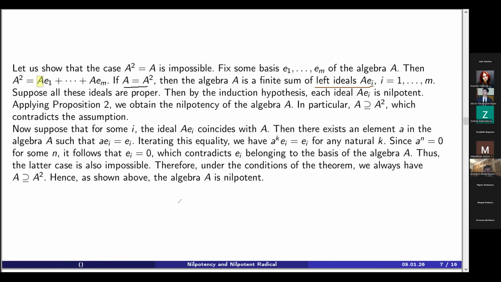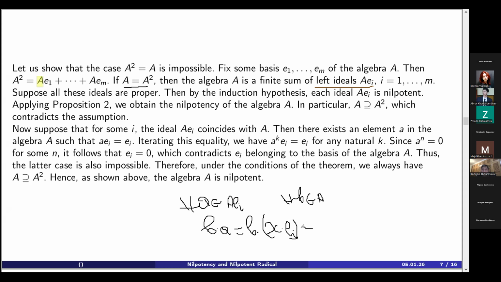Because any element b times a e_i is again in A e_i, then by associativity.